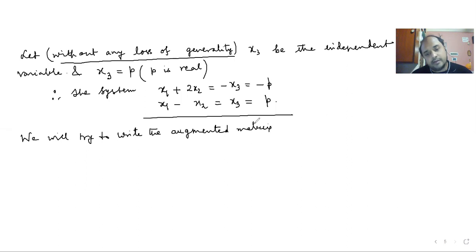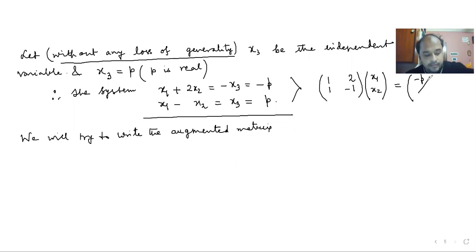To solve it, the given matrix can be represented in the following way. We can write it as 1, 2, 1, minus 1, multiplied by x1, x2, equal to minus p and plus p. These are constants actually.